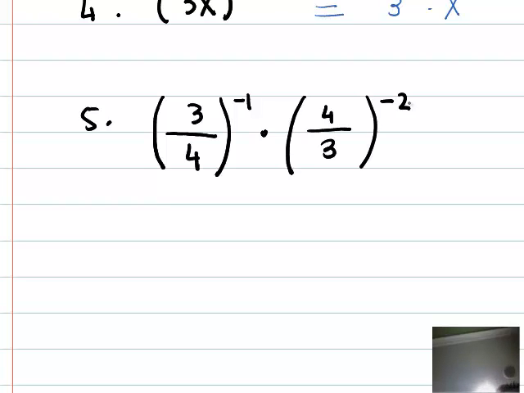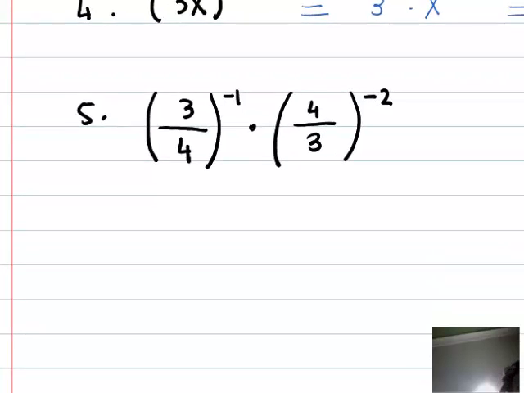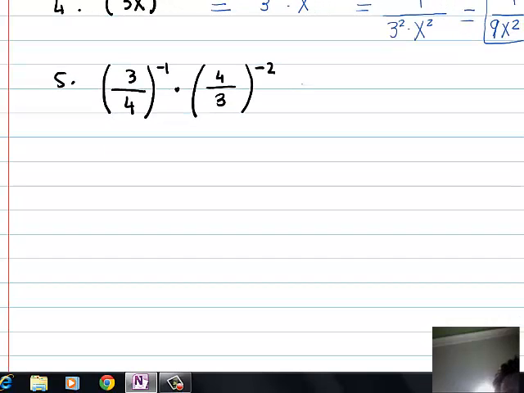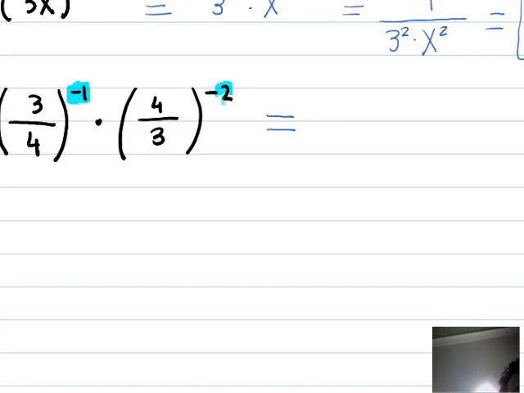First thing I do is simplify each part at a time. Let me get the equal sign going over here. I have to take the exponent on the outside and move it to the values on the inside. So this is using the quotient law.